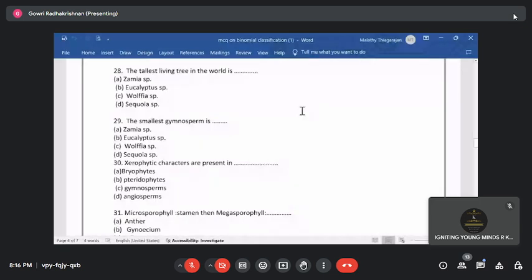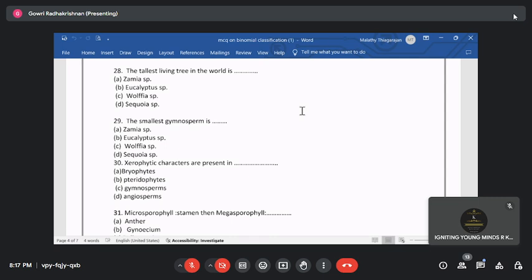Now, question 28. The tallest living tree in the world is eucalyptus? Option D, ma'am. The tallest living tree in the world is... we can say sequoia, option D. Why?